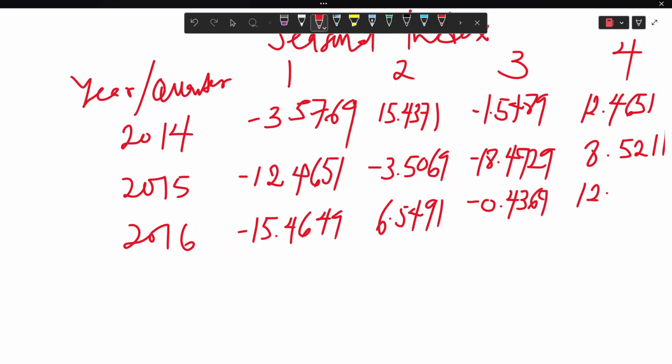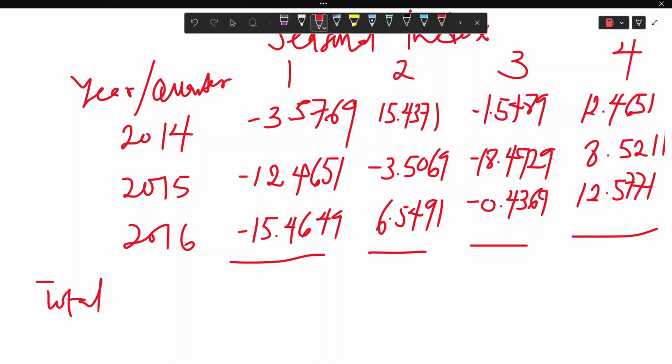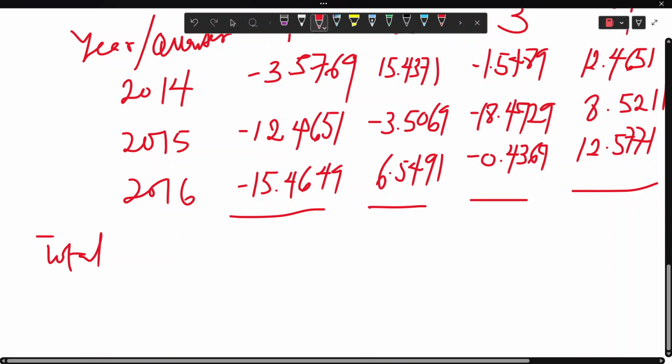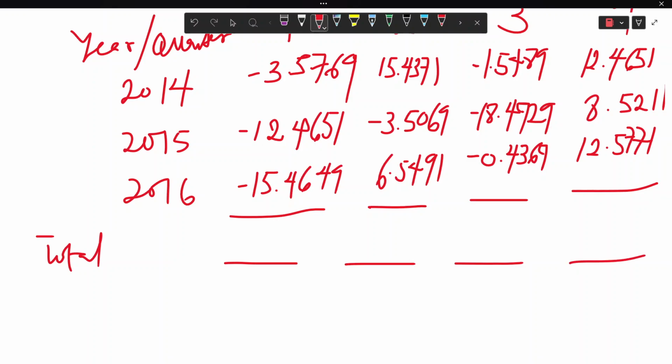And lastly, we have 12.5771. Now let's find the total and we go ahead to find the average. So the total, then we also have the averages.